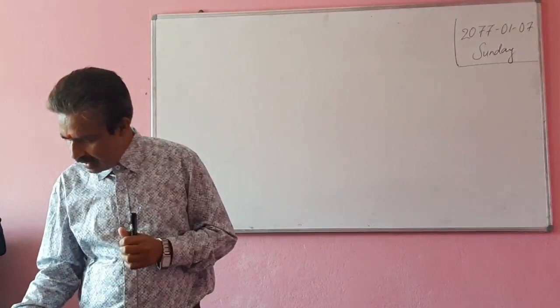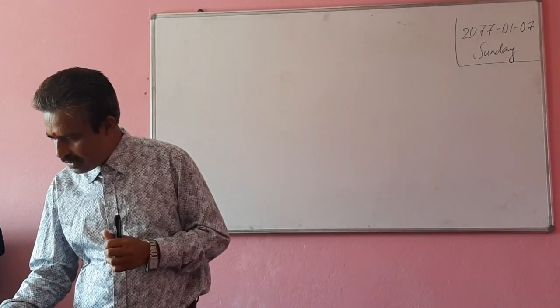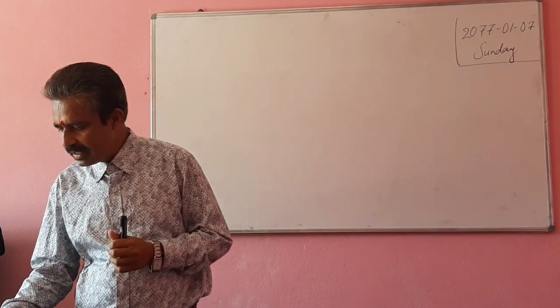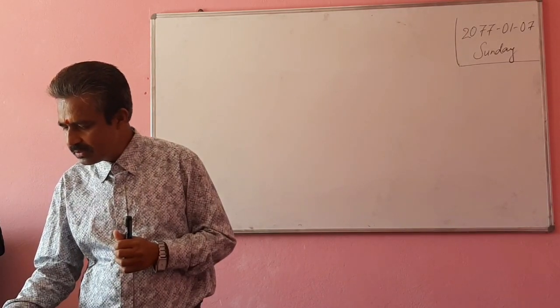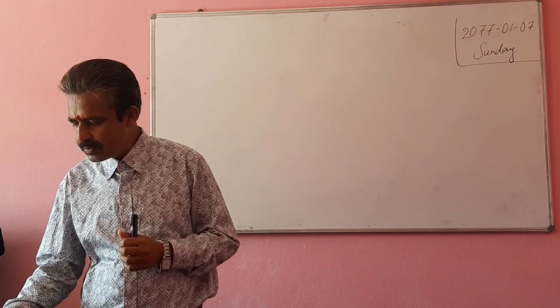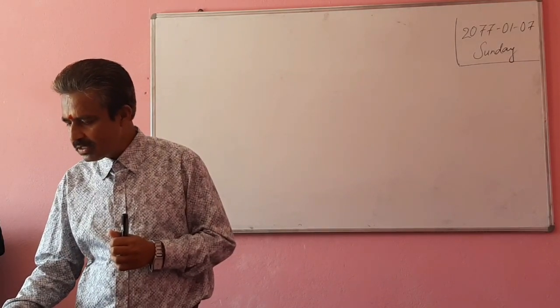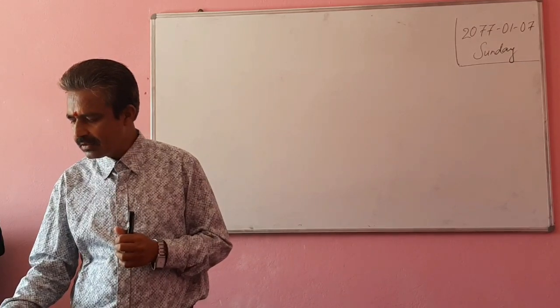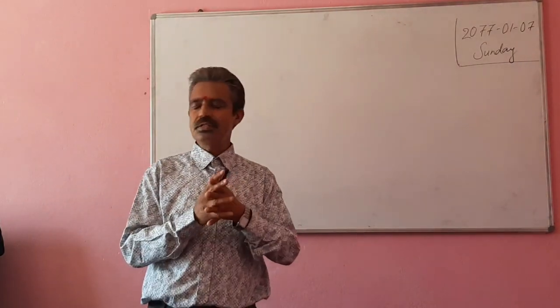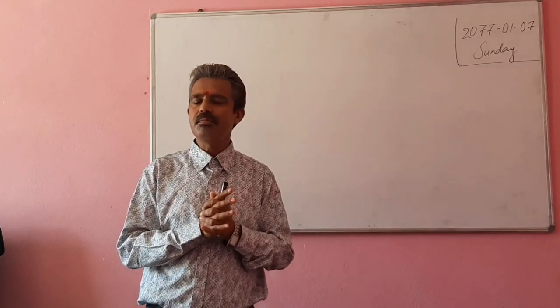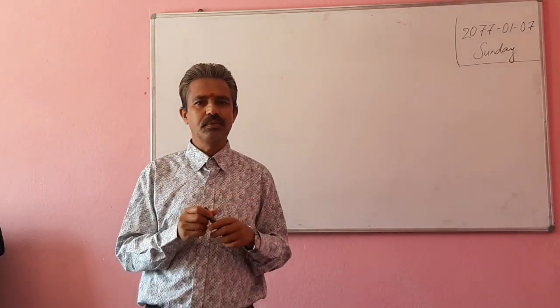Next one is, a transformer is used to play a radio of 12 volt from the electric line of 220 volt. If the number of turns in primary coil is 2000, then what will be the number of turns in secondary coil? So this question is of 4 marks. First 2 questions are of 1 mark and the last question is of 2 marks.